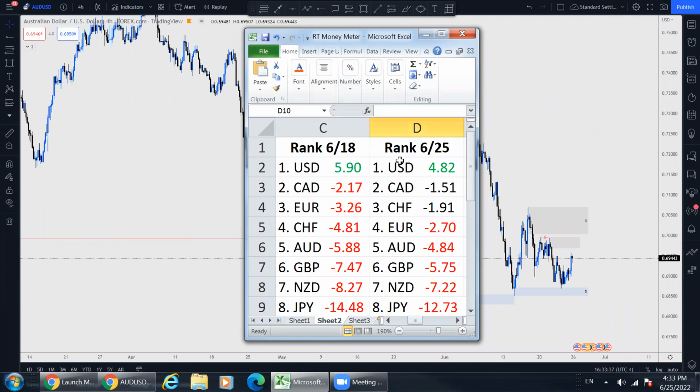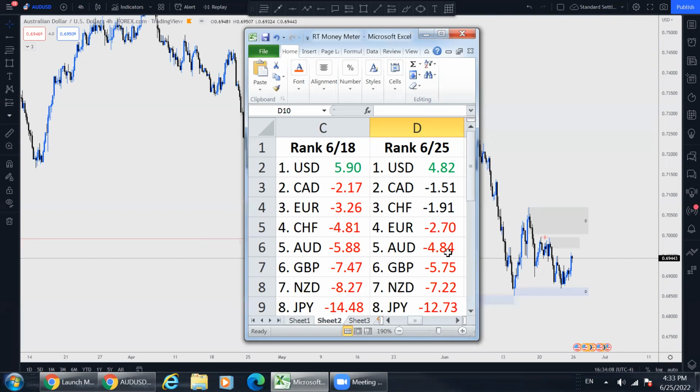This week, if we're looking at US dollar, it is still the number one strongest of them all. It weakened a little bit over the last week, from 590 to 482. Aussie went from minus 58 last week to minus 484 this week.